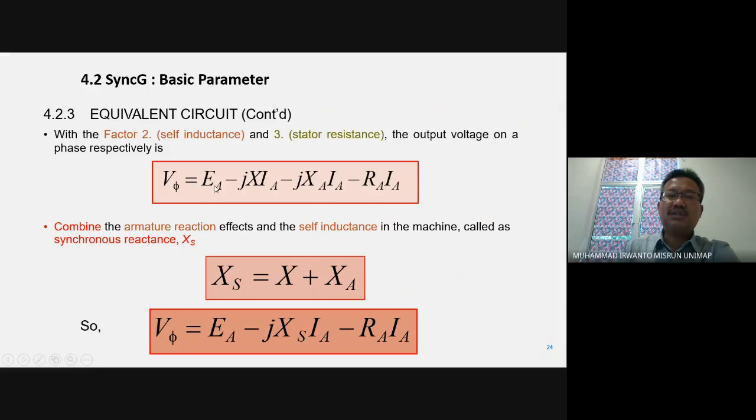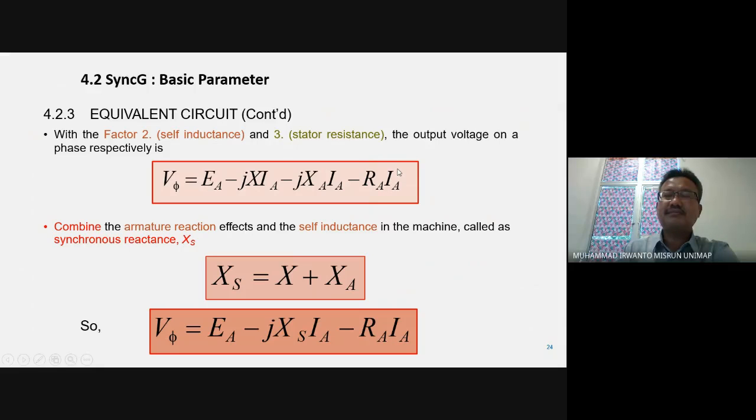Phase voltage equals EA, the internal generated voltage, minus JXIA, the voltage drop across the armature reactance, minus JXA multiplied by IA, the voltage drop across the armature reactance, and then minus RA IA, the voltage drop across the armature resistance.